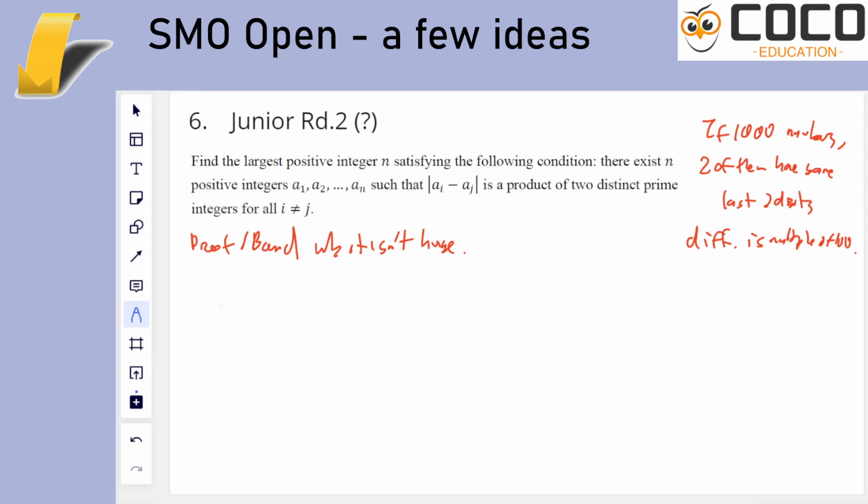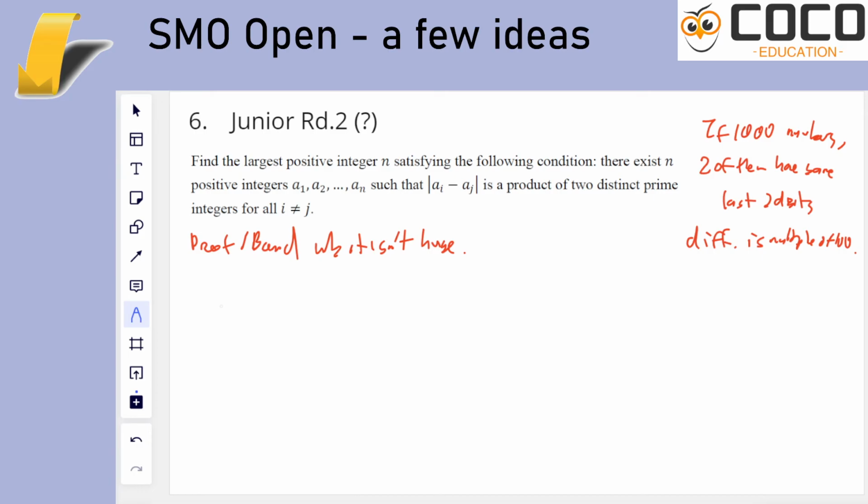and then you try to improve it. So once you just find a very random reason why it can't be huge, shrink it back down again and ask yourself, well, I mean, it doesn't have to be last 2 digits, right? The difference is a multiple of 100 is a problem. If the difference is a multiple of 50, that's also a problem. If the difference is a multiple of 20, that's also a problem. So you can shrink it down.